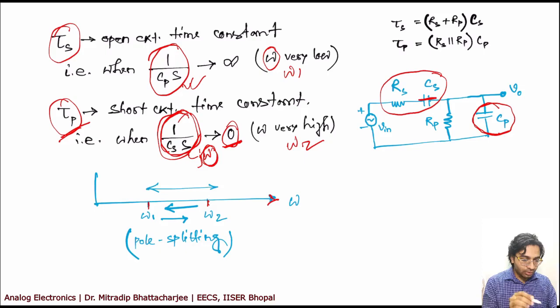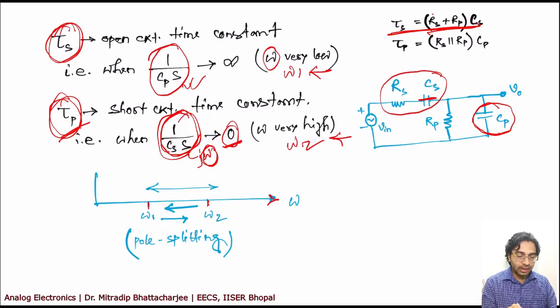Now what are the parameters that decide the values of omega 1 and omega 2, or which decide the values of tau s and tau p? The values of the Rs components, right? Now if you change the Rs component values, you can easily shift omega 1 and omega 2 on this omega axis.